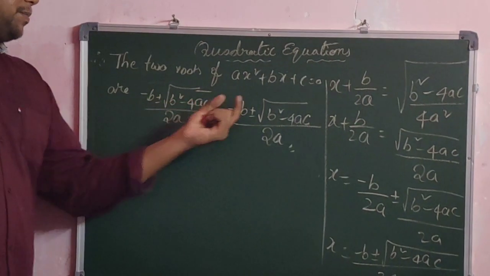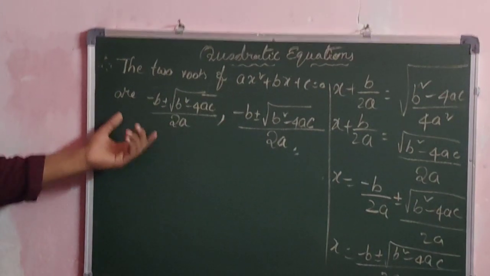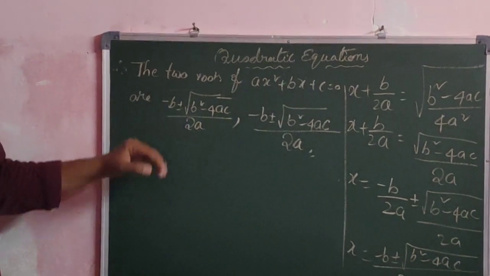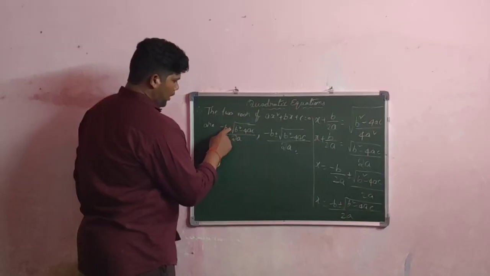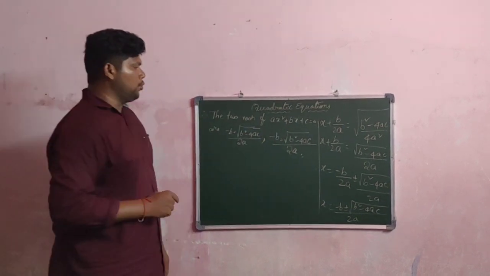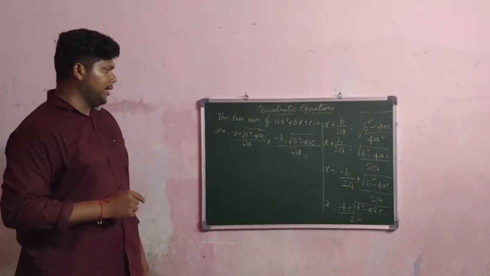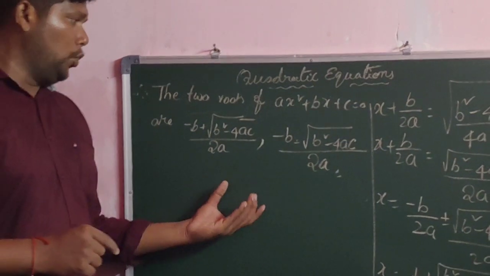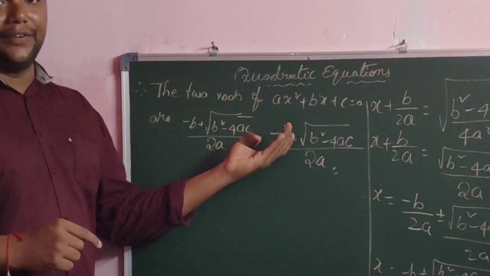For the equation ax square plus bx plus c equal to 0, the roots are minus b plus root of b square minus 4ac by 2a, and minus b minus root of b square minus 4ac by 2a. These are the two roots of the given quadratic equation.